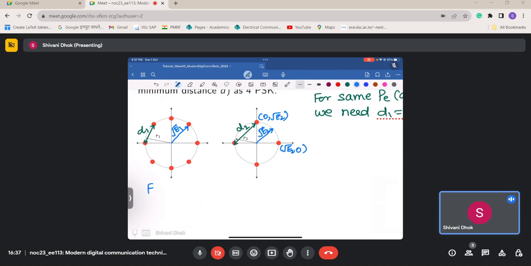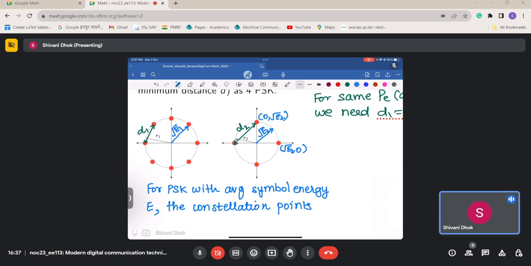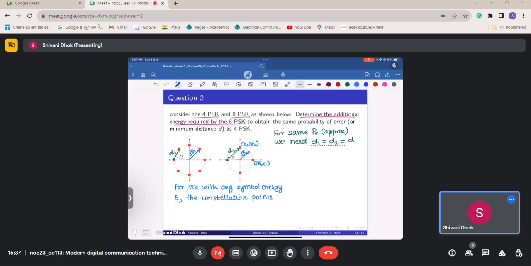Because for PSK with average symbol energy E, the constellation points are under root E cos theta m comma under root E sin theta m.